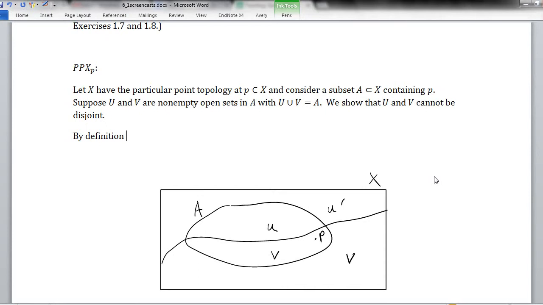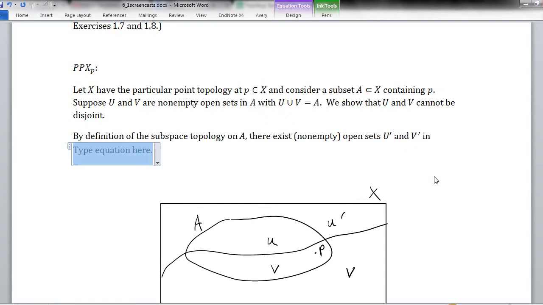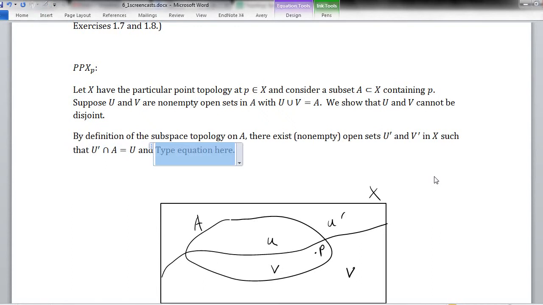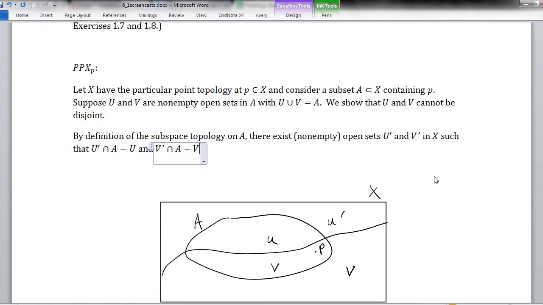Open in the subspace topology on A from X. It means that, by definition of the subspace topology on A from X, there exist non-empty open sets U prime and V prime in the big space X such that U prime intersect A gives us U, and V prime intersect A gives us V. Okay, so in my picture here I have U and V whose union is my subset A, and then the fact that those are open in A means that we have U prime, which is this whole space in X, and this is supposed to be a V prime down there.